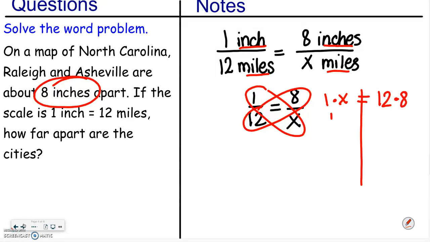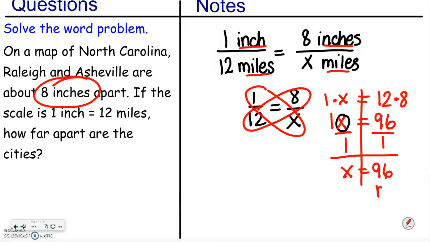So 1 times x is just 1x. 12 times 8 is 96. So if I divide both sides by 1, that isn't going to change anything. So x equals 96. So 96 miles is how far apart those two cities are.